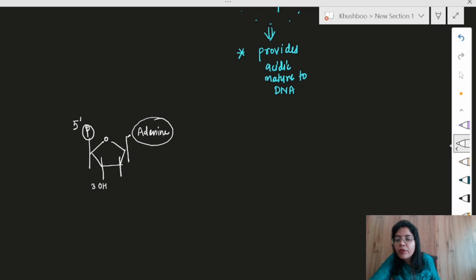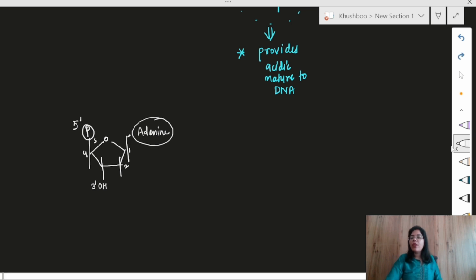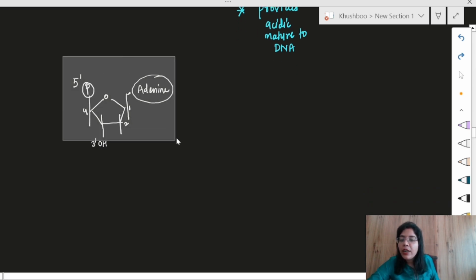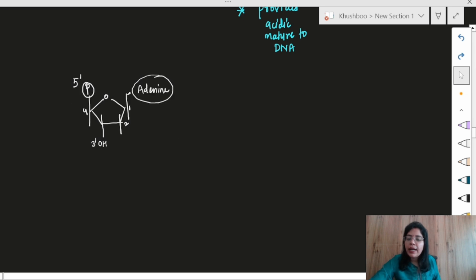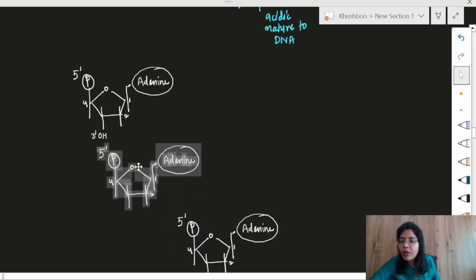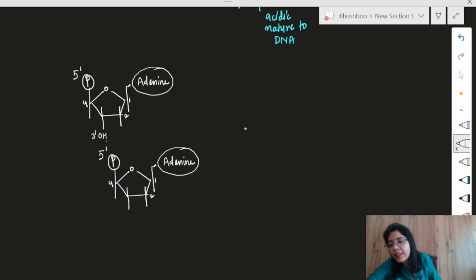Here you are adding phosphate with the help of a phosphoester bond, and here you have a free 3' OH. This is the first position, second position, third carbon, fourth carbon, fifth carbon, right? That's why at the fifth you have the phosphoester bond by which the phosphate is attached. If I want to add a new nucleotide, I can add it from this 3' OH group, and a bond forms which is called a phosphodiester bond.